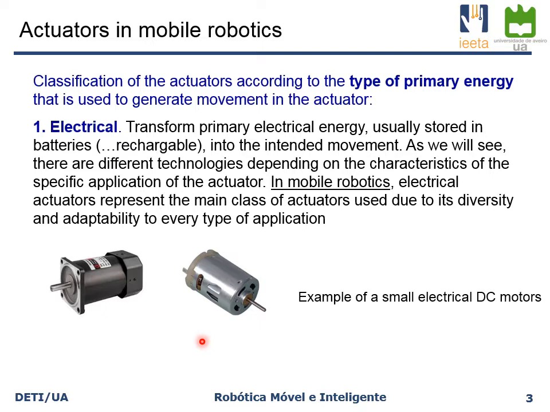But if you move into larger mobile robots, which is, for instance, the case of autonomous mobile driving cars, then we may have DC motors or electrical motors that are able to deploy energies in the level of hundreds or thousands of watts in this case.